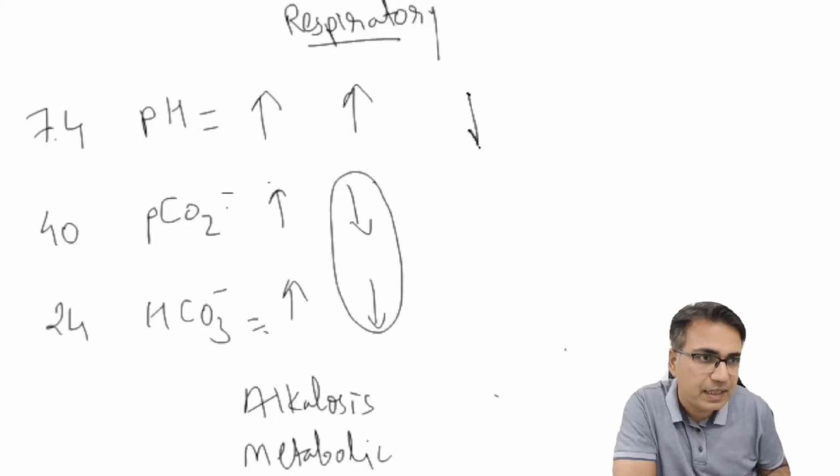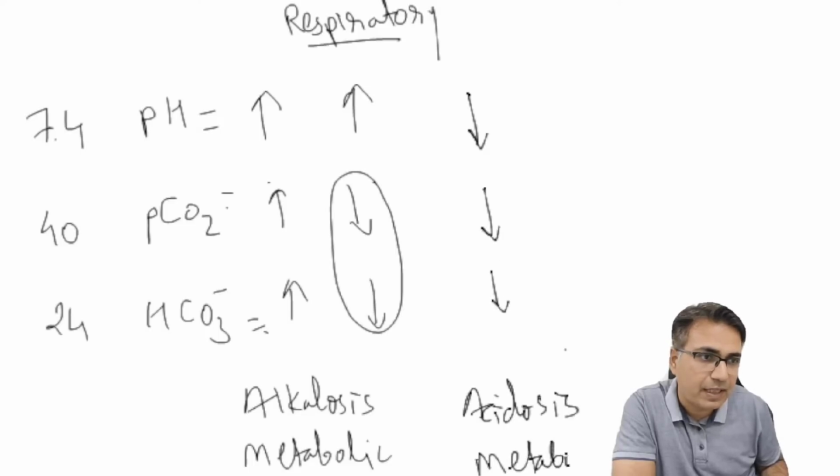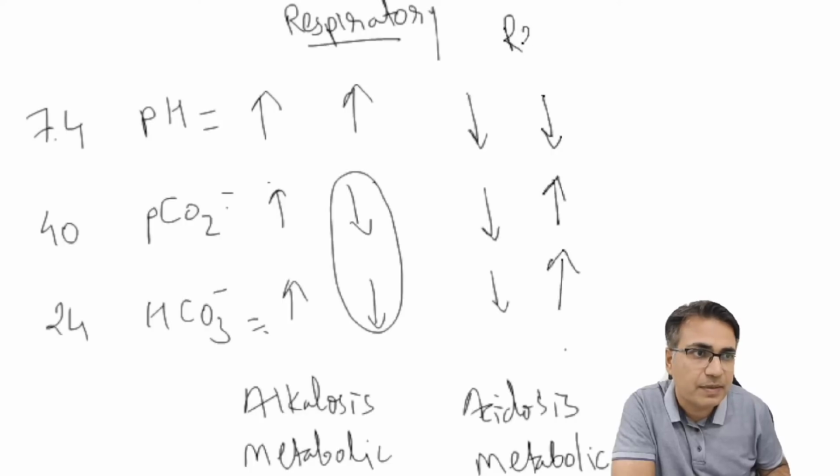If pH is less than 7.4, then it is acidosis. Simple. And if bicarbonate level and PCO2 level are both in the same direction, then it is metabolic. And similarly, pH is less, acidosis, and bicarbonate and PCO2 level are in the reverse direction, then the cause must be respiratory.